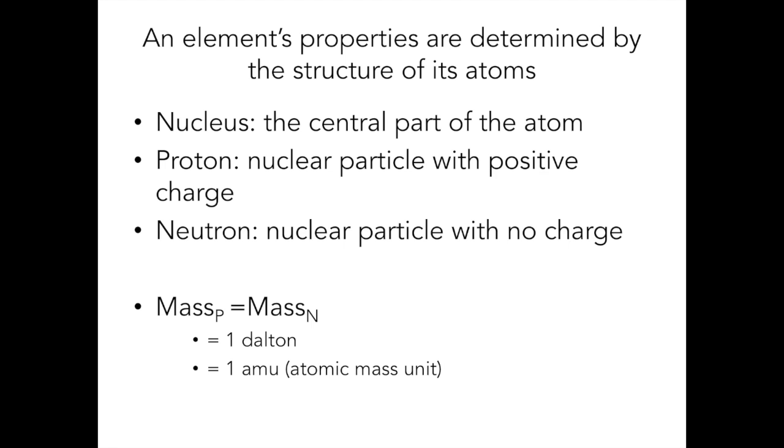So if you have 1 proton and 1 neutron in the nucleus, each of those weighs a unit called a Dalton, which is just a unit that's easy to use to apply to protons and neutrons, named after a British chemist named John Dalton. But it's the same thing as what we call an atomic mass unit, or an AMU.